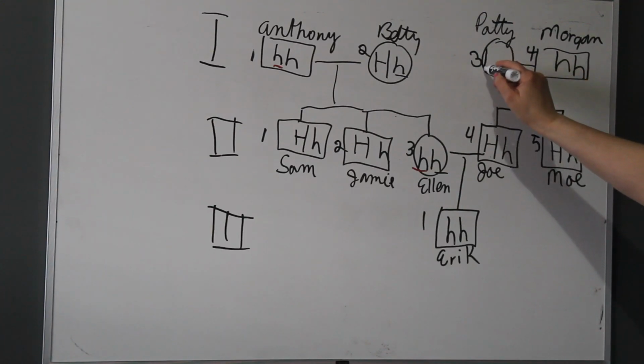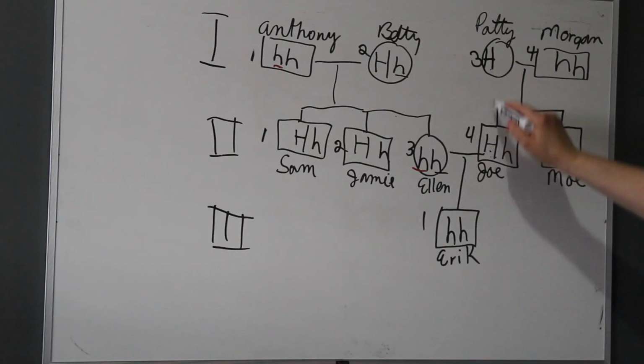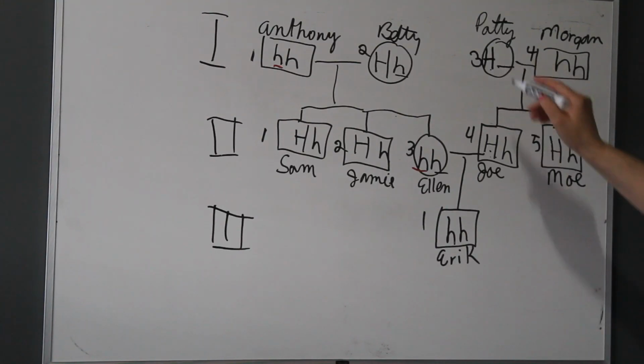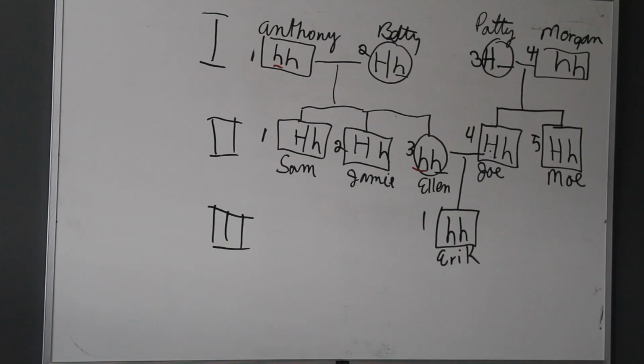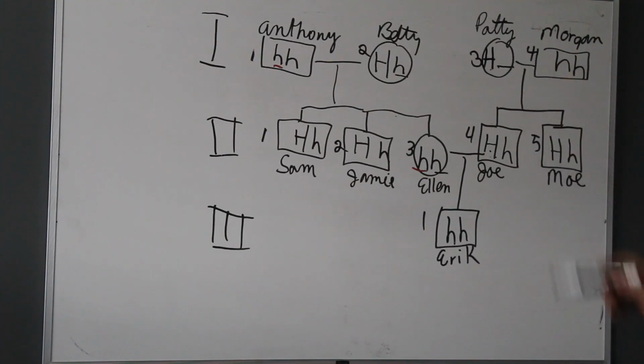Now, these guys, we went ahead and gave them both a big H because they didn't have a horn, and we know that Patty doesn't have a horn, so it all makes sense because they obviously got the big H from their mom. What we don't know for sure is what her genotype is. There really is no way to tell because this will work out whether she's homozygous dominant, with two big H's, or whether she's heterozygous and this is another little h, it'll work out the same either way.